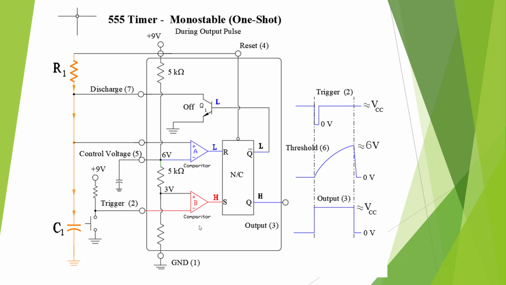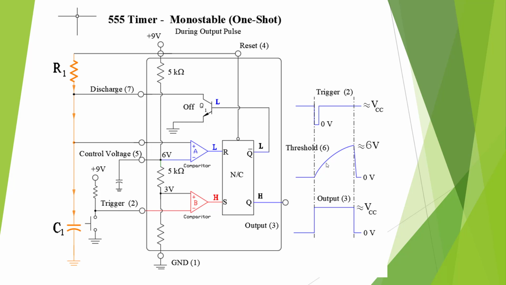We have comparators, and 3 equal resistors forming a voltage divider, and we're going to go between 2/3 and 1/3 of VCC. This is a one-shot, so it's only going to do it one time.